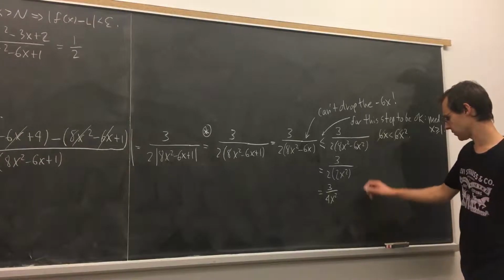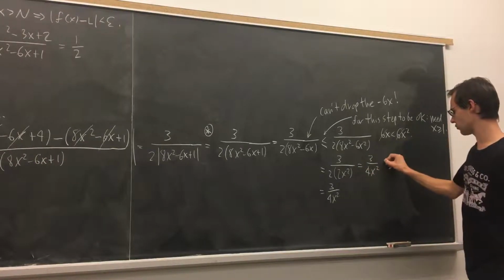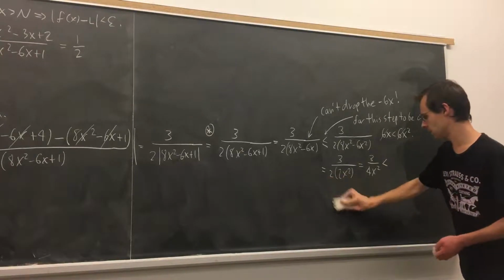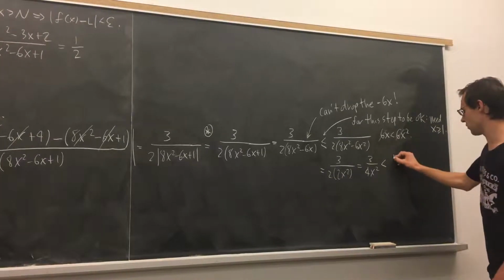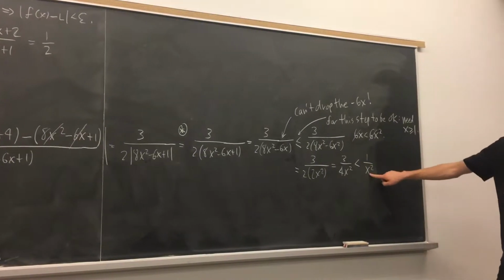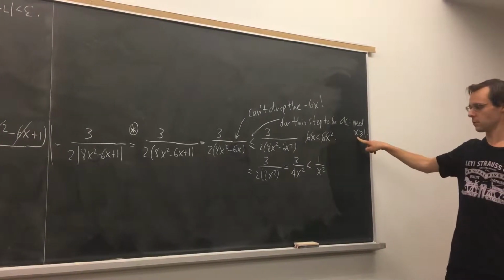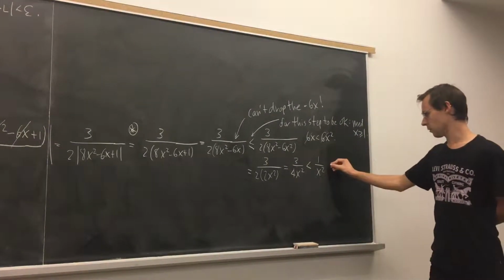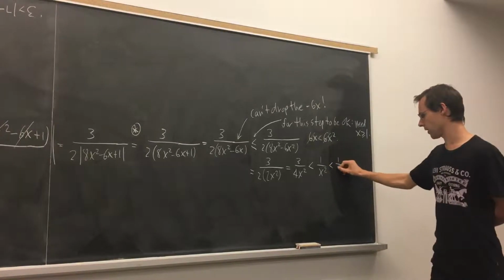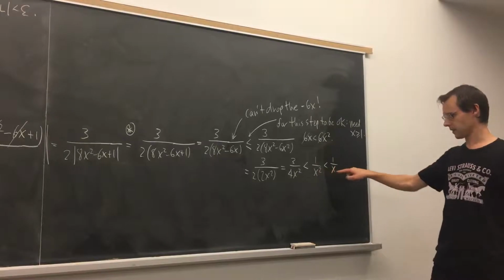Maybe I should write the stuff on this line here. 3 over 4x squared. We can drop the 3 over 4 and just say that this is less than 1 over x squared. And now, x squared is larger than x whenever x is larger than 1. So in fact, 1 over x squared is less than 1 over x. We can replace even further here. We can replace the x squared with x.